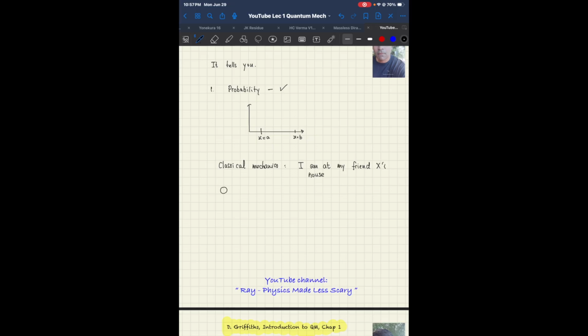In quantum mechanics, now you have grown a bit bigger, right? You're a lot older, so you don't want to tell your mother where exactly you are. So you do a cheeky little thing.